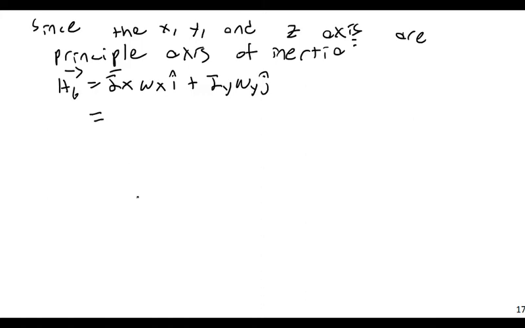Then what I want to do next is apply the formula for moment of inertia of a rectangular plate. And so I would do this as 1/12 m b squared omega x times i, or unit vector i, plus 1/12 a squared times omega y j.